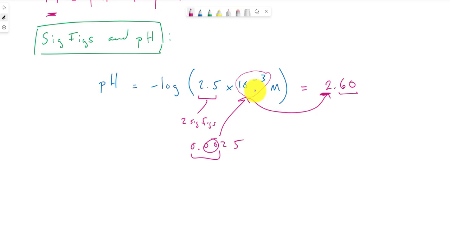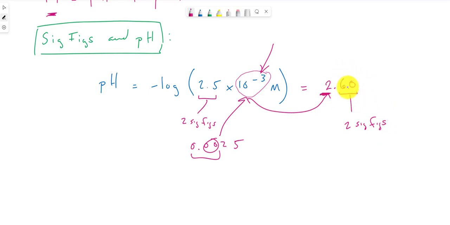Those aren't real numbers, so there's no actual significance to them, just as there is no significance when we write it 10 to the minus 3. We didn't consider these as significant, we only considered these two. So the pH would be written out as 2.60, where only the last 2 digits are 2 sig figs. So the rule here for log transforms is that you should have the same number of sig figs going in as going out, but that first digit is not significant. It's only representing the zeros, and so you apply those sig figs only after the decimal place.